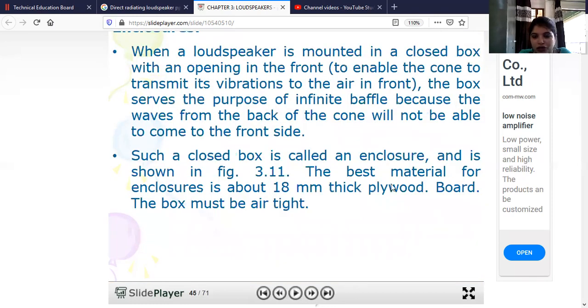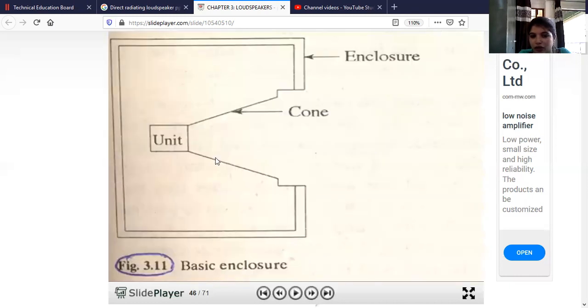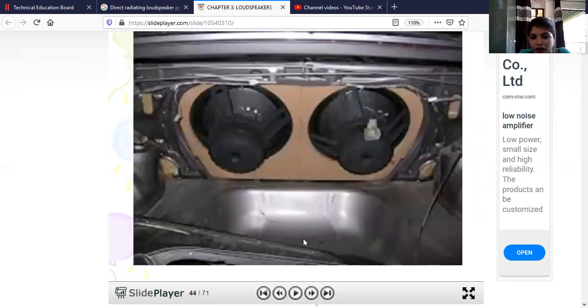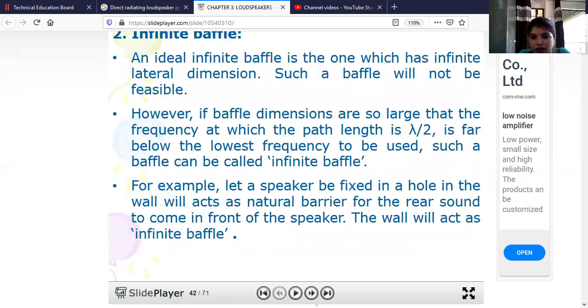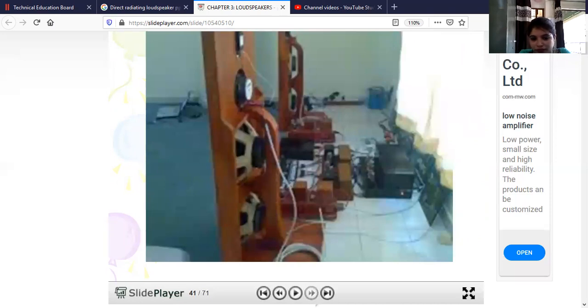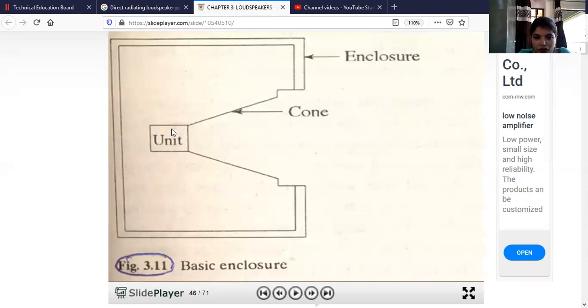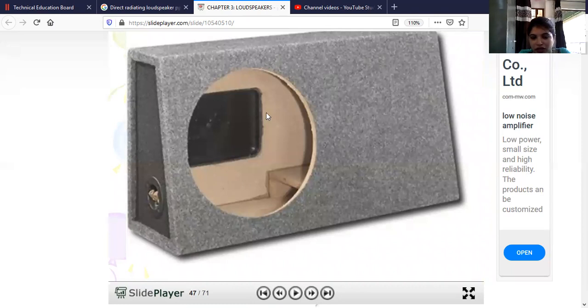What is an enclosure? When a speaker is connected in a closed box, that is called an enclosure. You can see here, this is the speaker and this is the enclosure. It is connected in a wooden box which is closed from all sides, whereas in a baffle it was open from other sides. This is a basic enclosure.